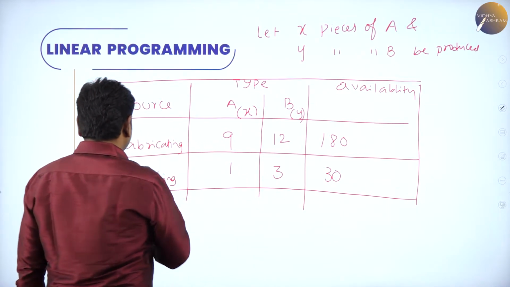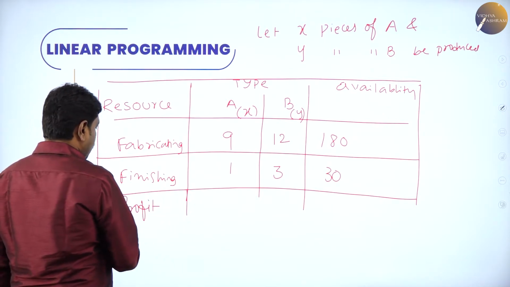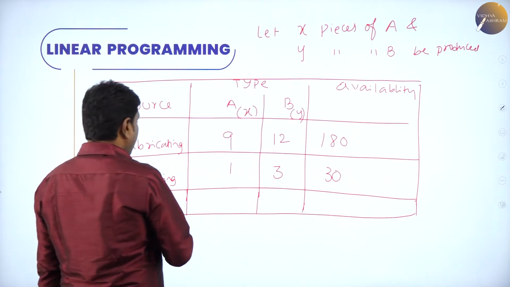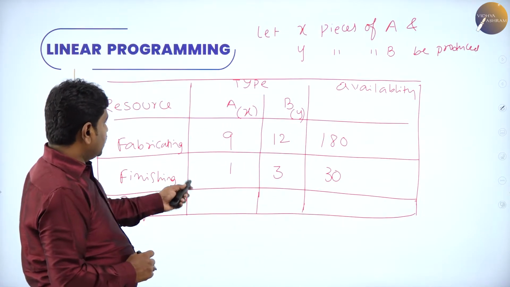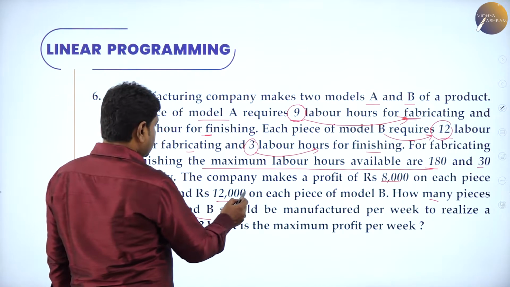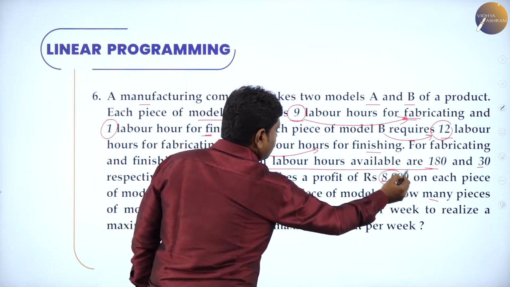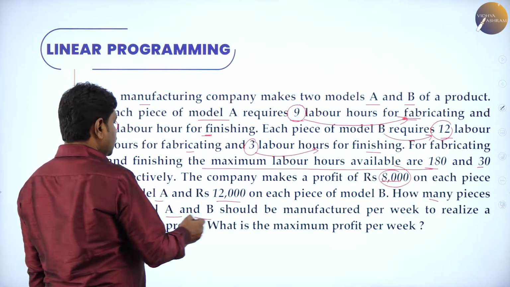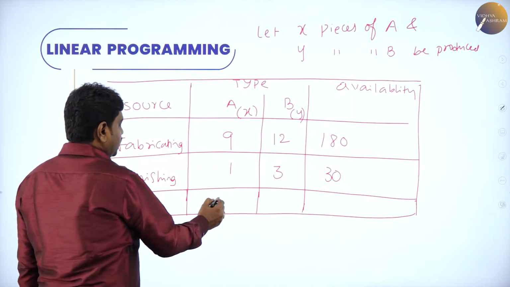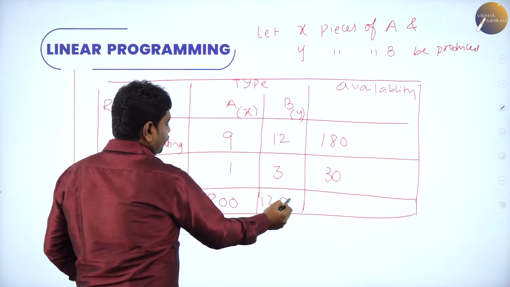So now profit also they have given. They have also given profit for both the cases. So profit for A, one piece of A produces, what is the profit on A? So when you read, see, the company makes a profit of 8,000 on each piece of A and 12,000 on each piece of B. So for A, 8,000 is the profit and for B, 12,000 is the profit.